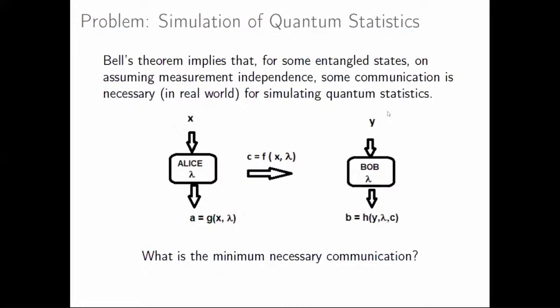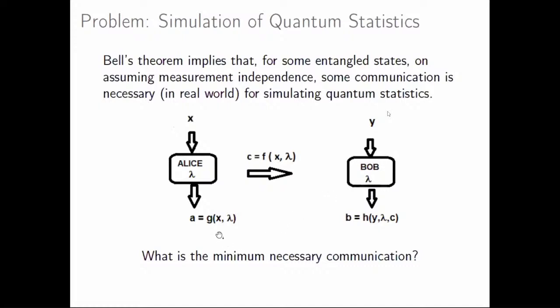So now I come to the main subject of my talk with this background. From the violation of Bell's theorem, one can conclude that if the assumption of measurement independence is true, then some communication is necessary for simulating quantum statistics.